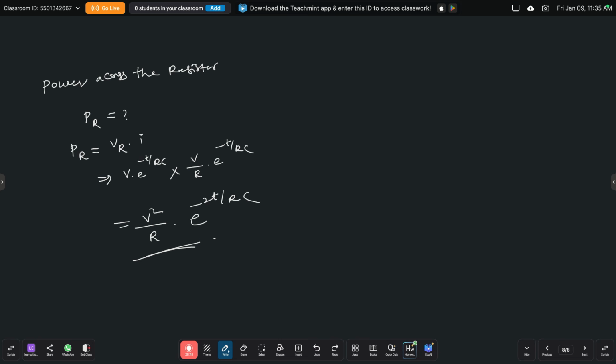In the same way, power across the capacitor is given by PC. How can we find the power across the capacitor? PC is equal to VC into I, meaning voltage across the capacitor into current.